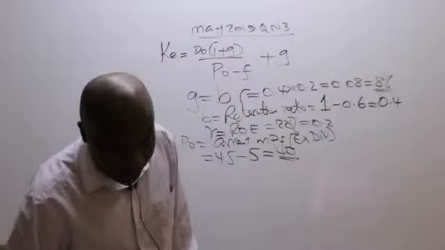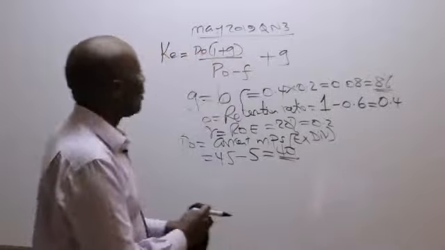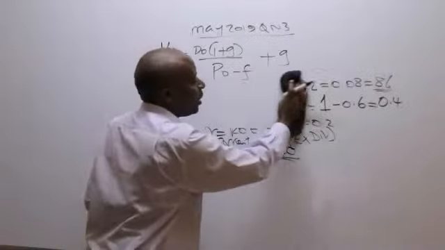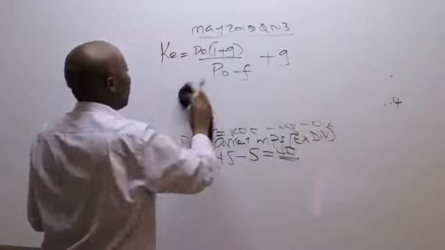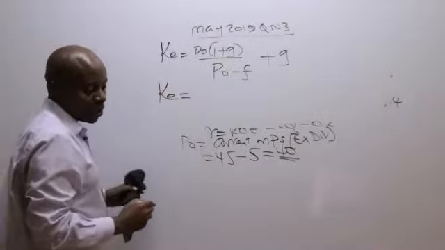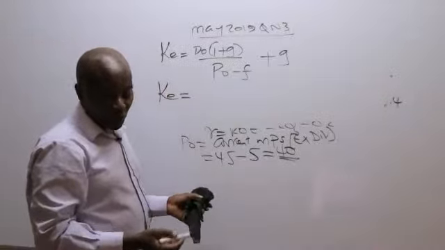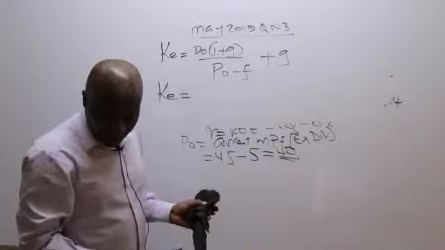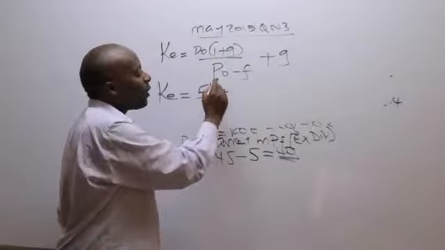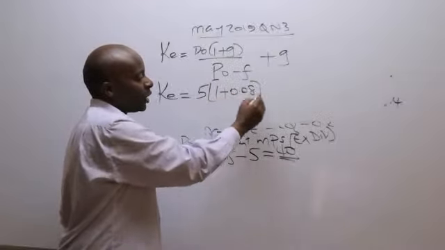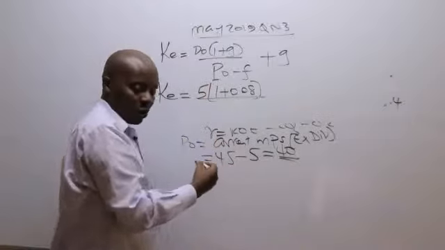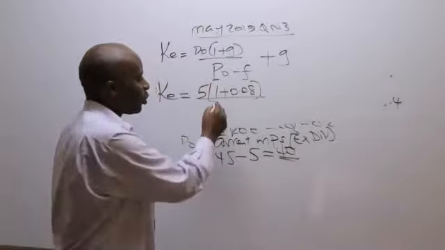So ladies and gentlemen, the moment I reach here, it will be very easy for me to finish up the entire requirement in Roman 1. So the cost of ordinary shares, the cost of equity, will be equal to the current dividend, which is 5, into 1 plus the growth rate that we got as 0.08, all over P0, which is ex-dividend, which happens to be 40.